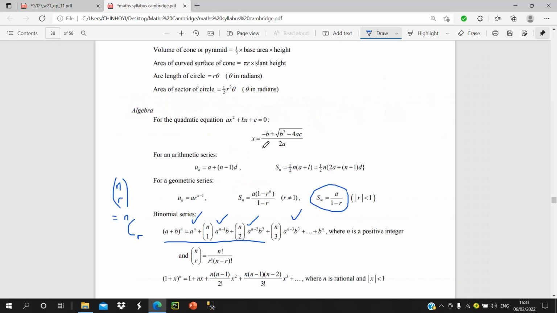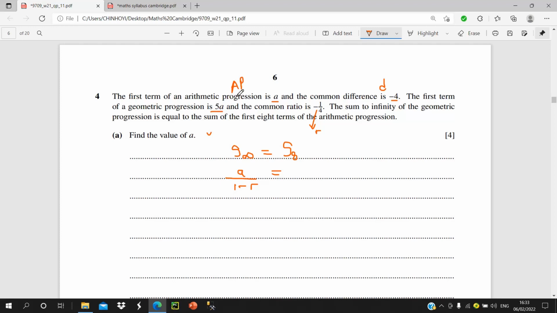We are also given the formula for the sum of an arithmetic progression. You can either use half of n bracket A plus L, where A is the first term and L is the last term. But for the AP, we are not given the last term.